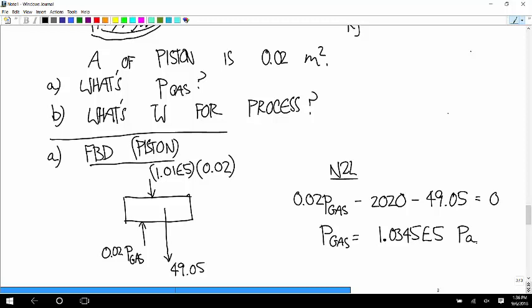So pressure in the gas is a little bit bigger than the atmospheric pressure because the gas has to support not only atmospheric pressure but the weight of the piston. And was this at the beginning or the end? Both.